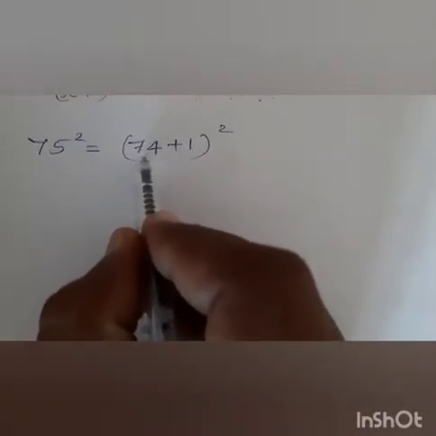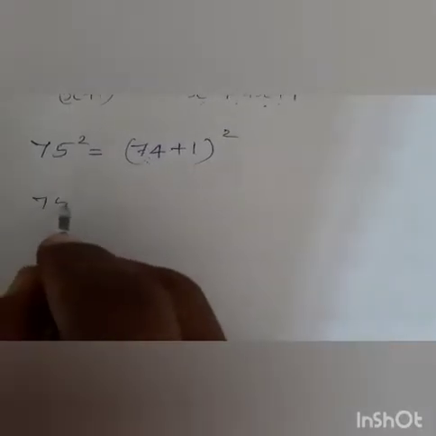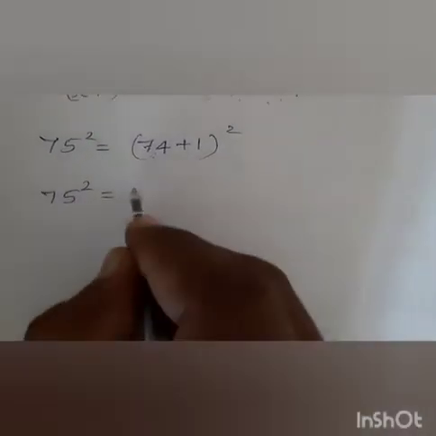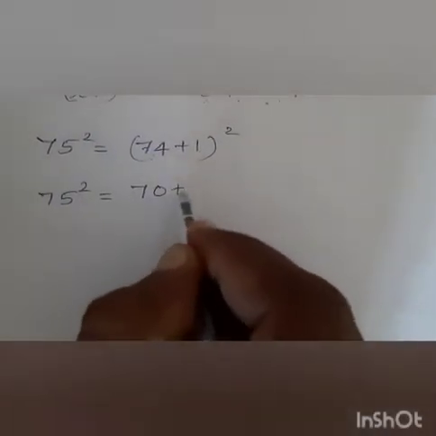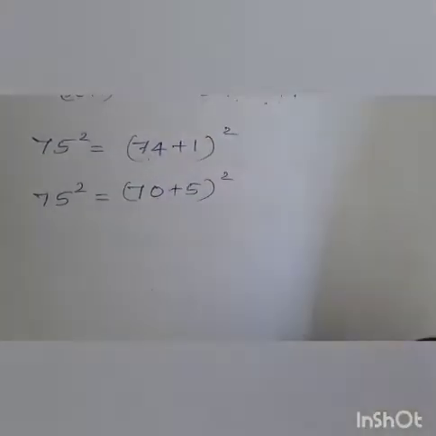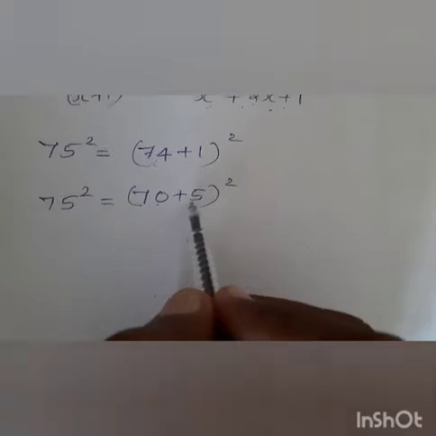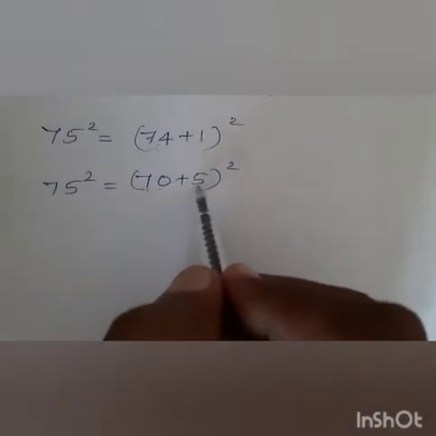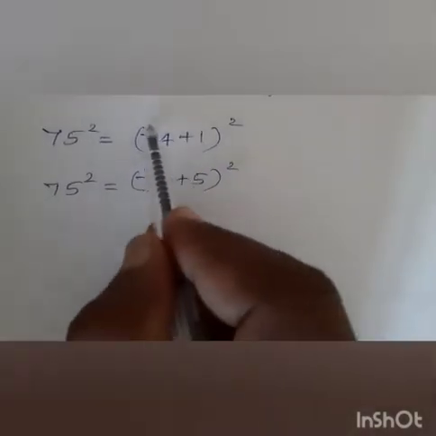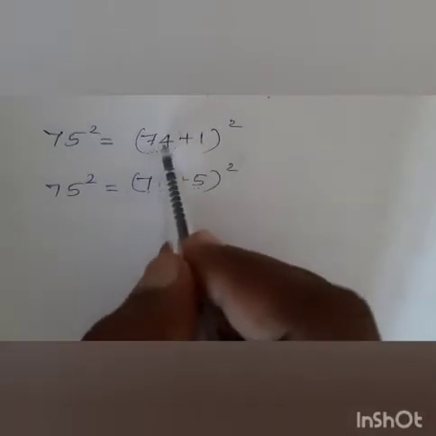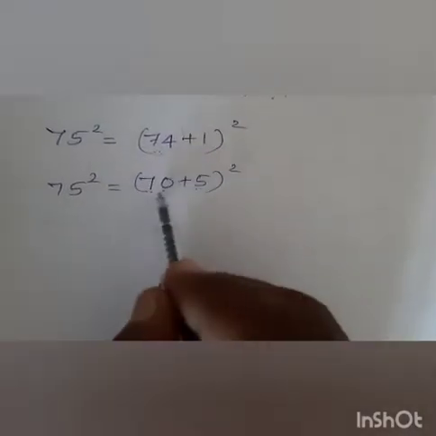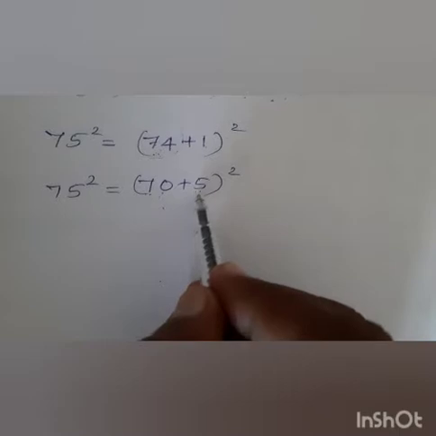But instead of that, we can write 75 square as (70 plus 5) square. You know the square of 7 and the square of 5, but 74 square we cannot easily find out. So we can use this one, (70 plus 5) square.